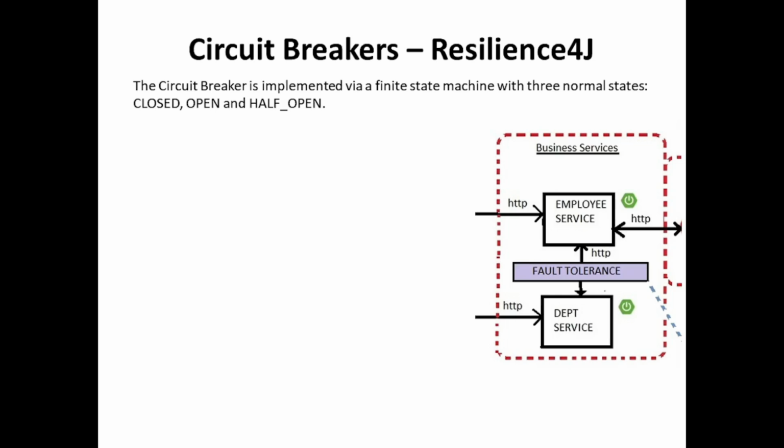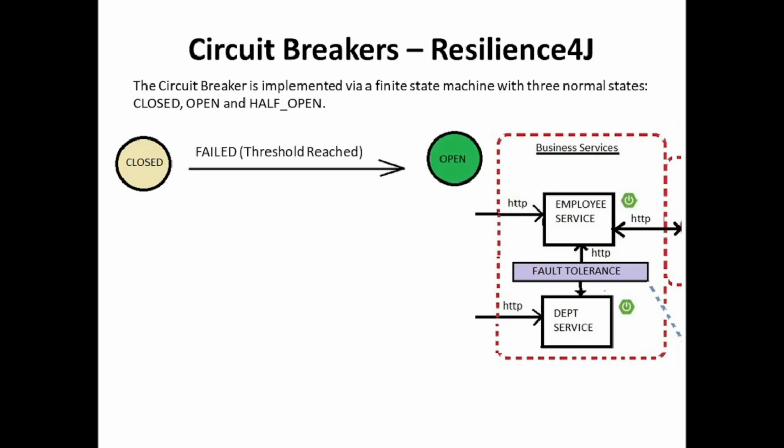Imagine if my request call is successful, which means the circuit is closed. This means success path or happy path. If the request from employee service to department service or any other services fails, this means open state.